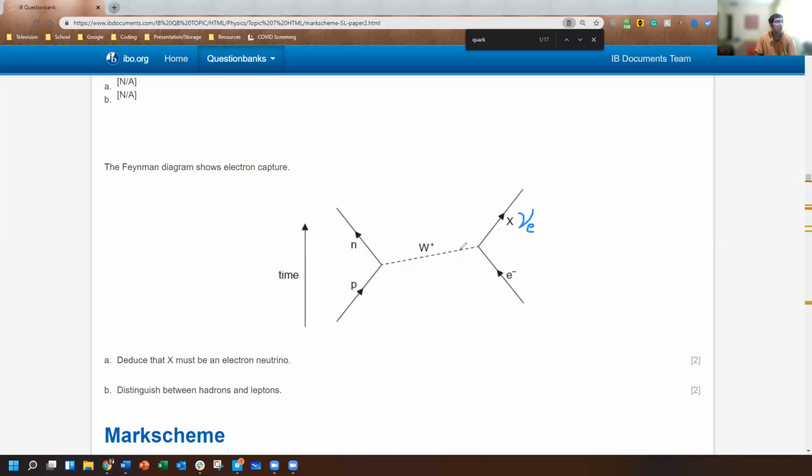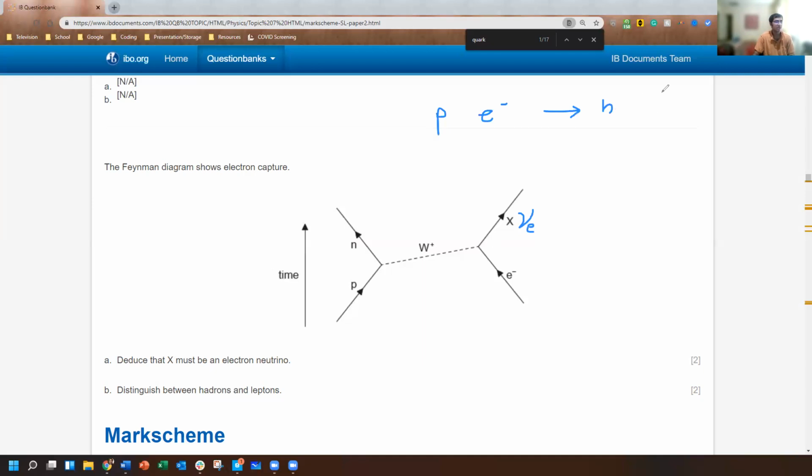I would think so. For this one, I would say conservation of lepton number and baryon number, because what's happening is you have a proton and an electron on the left, and that's becoming, on the right-hand side, a neutron and then X, whatever X is.